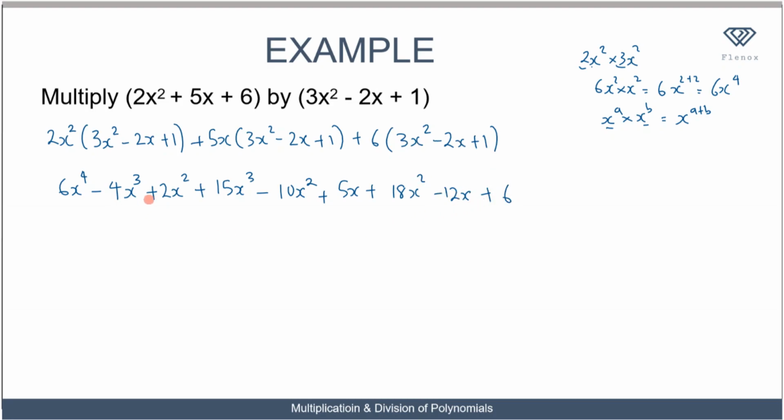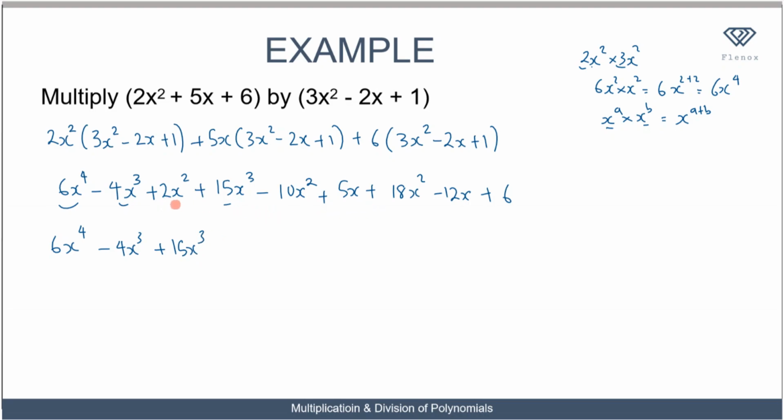Now all you have to do is collect like terms. You write the first term out, which is 6x to the power of 4. Then write out the terms containing x cubed: minus 4x cubed, and this plus 15x cubed, and that is all.